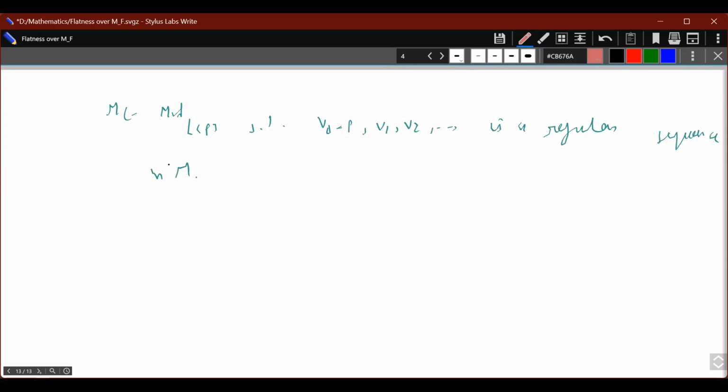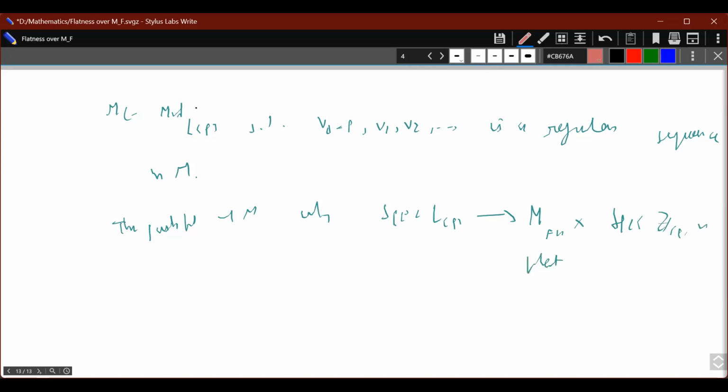So we want to show that D is the push forward of M. So it's flat.